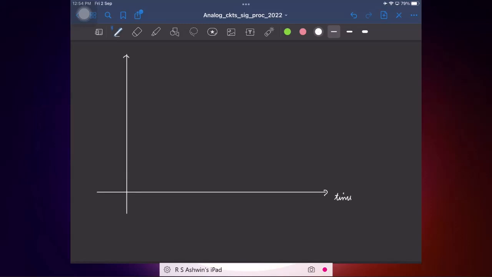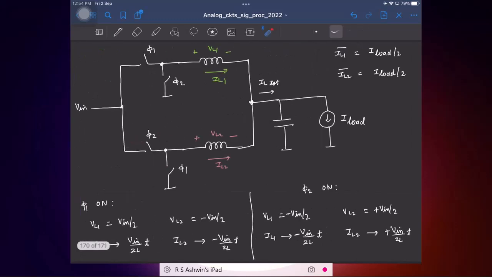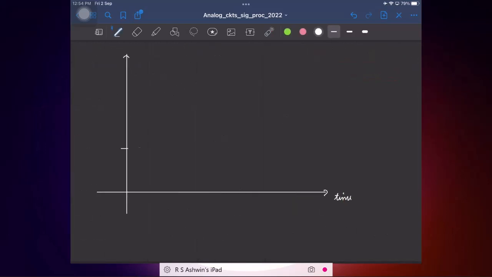And we know that the average current for both the inductors is I load by 2, right? So first let me mark that, I load by 2. And let's say till this point phi 1 is on, and here phi 2 is on.